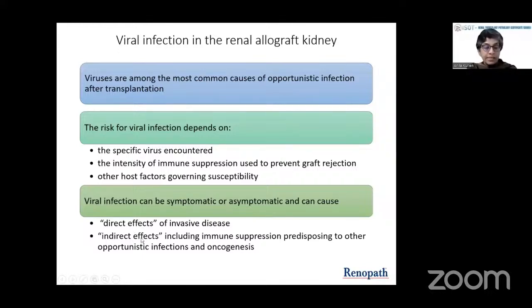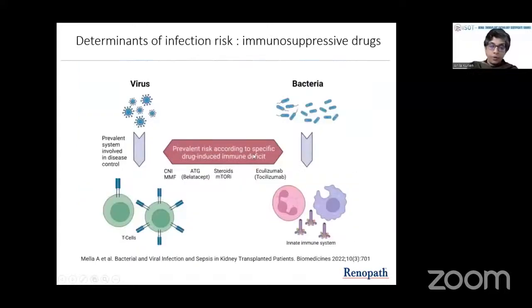Basically, these viruses can cause a release of cytokines and growth factors, which in turn affect the immunity of the system, predisposing to other opportunistic infections, and of course, the possibility of oncogenesis. For these reasons, it's very important that we know a bit about these viral infections in the allograft kidney.